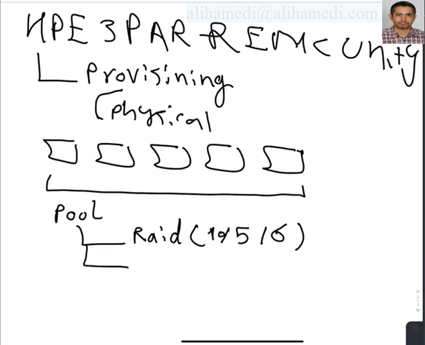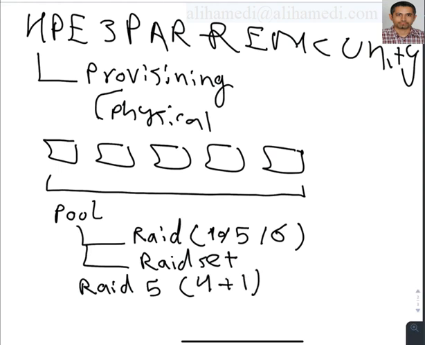Also, we should choose the RAID set. Now, we want to explain the RAID set concept in EMC Unity. Based on each RAID type, Unity chooses a RAID set. For example, if we want to use RAID 5 and we choose the RAID set as 4+1, what does it mean?